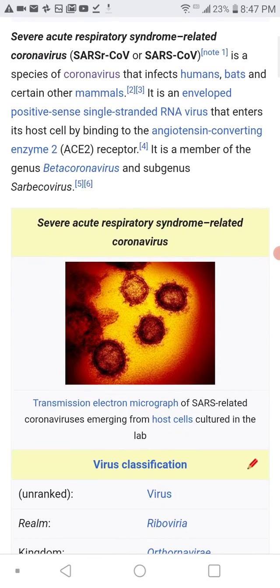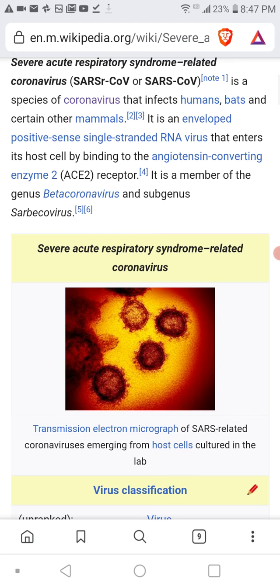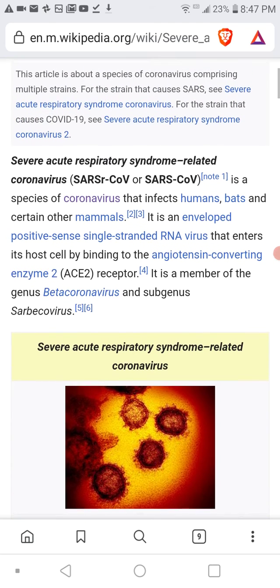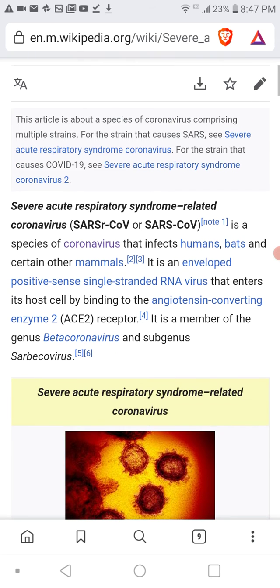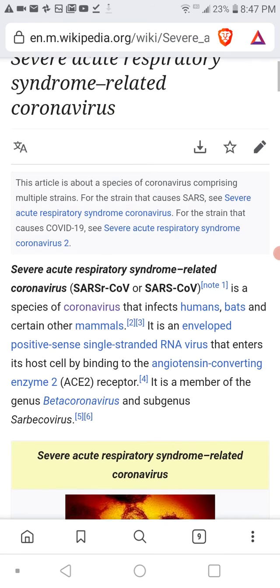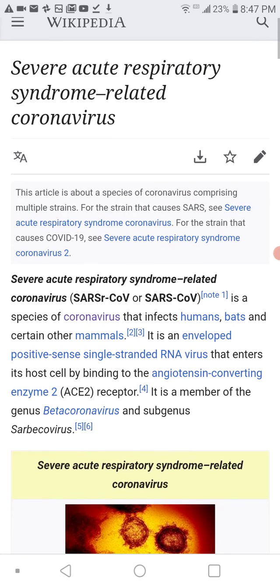The weirdest thing is that they say that hemagglutinin-esterase, severe acute respiratory syndrome related to coronavirus. This is the wiki, not for SARS-CoV-2.